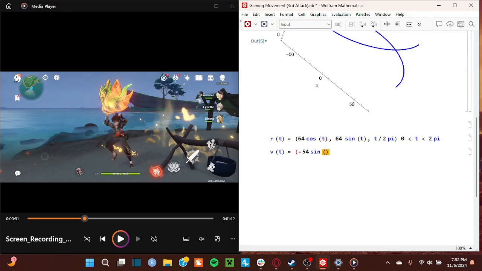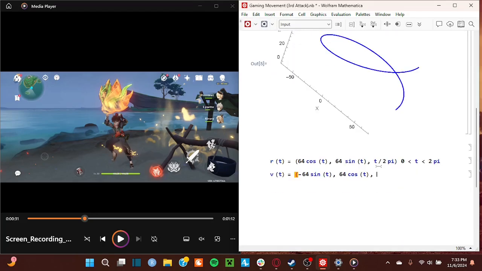Oops, I put that as 1. I keep putting 54, it's 64. And then this is 64 cosine of t. And then the last one is, oh right, this first one is actually times by height. Sorry, excuse me.